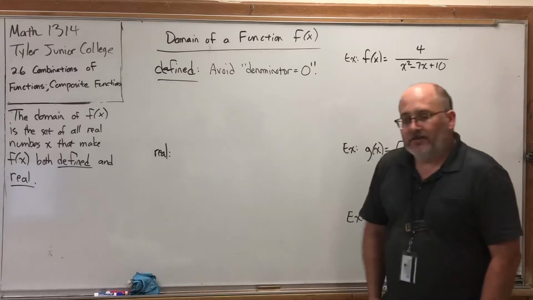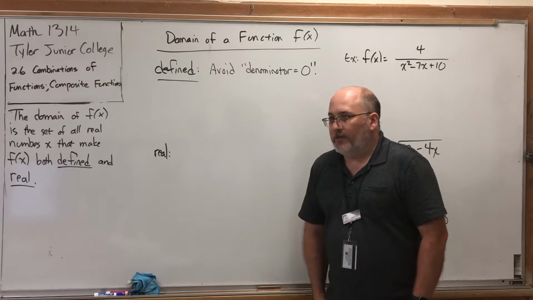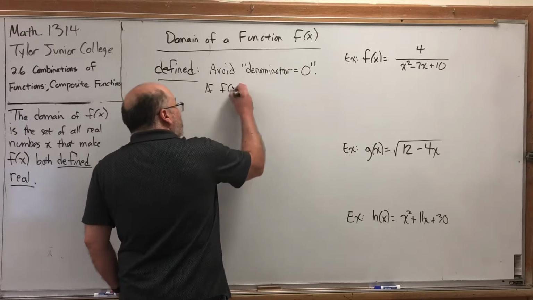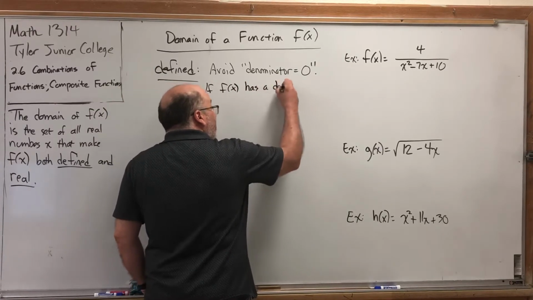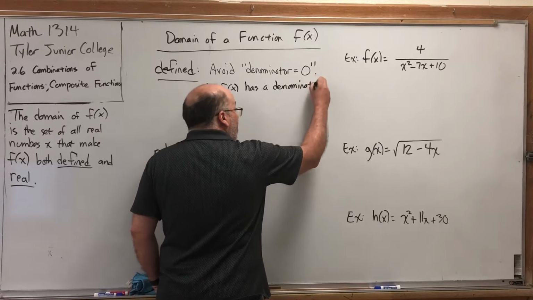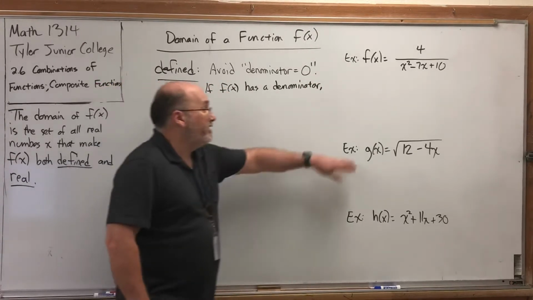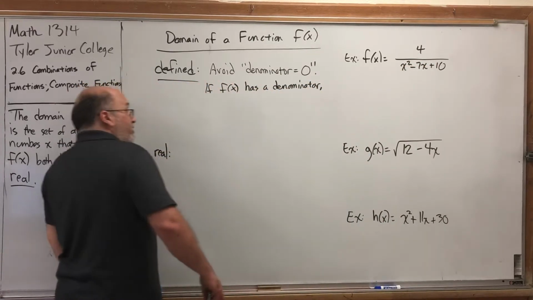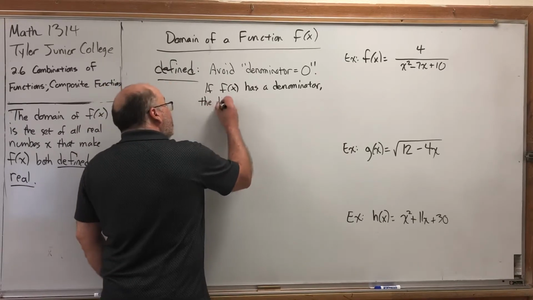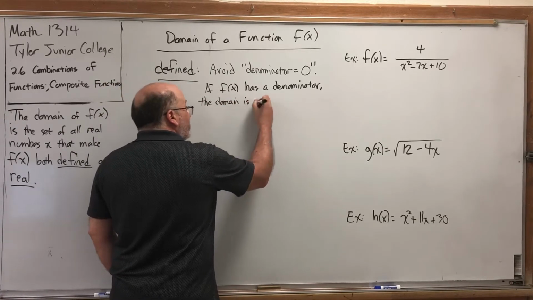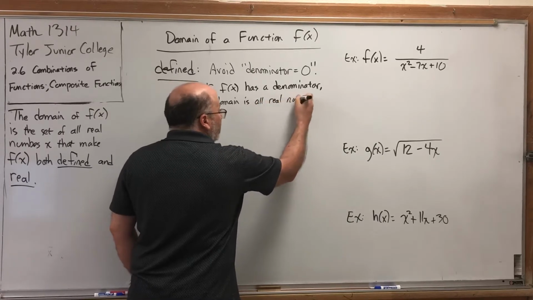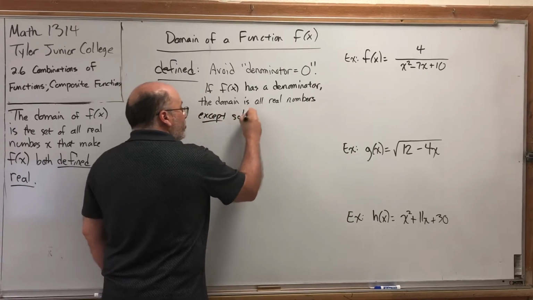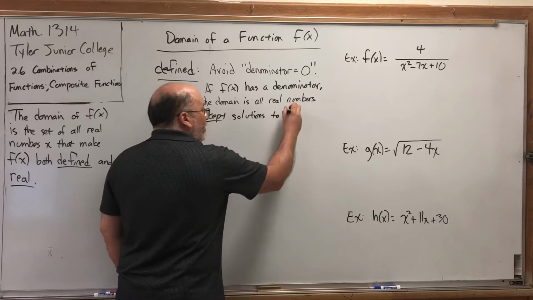So how do we do that? Well, if we want to avoid something, we have to first find the thing we want to avoid. So, if f of x has a denominator, and more specifically a denominator that contains a variable, as opposed to say just 10, but if f of x has a denominator, the domain is all real numbers except solutions to denominator equals 0.